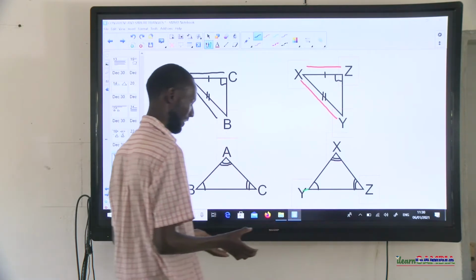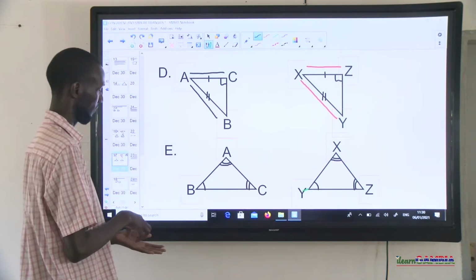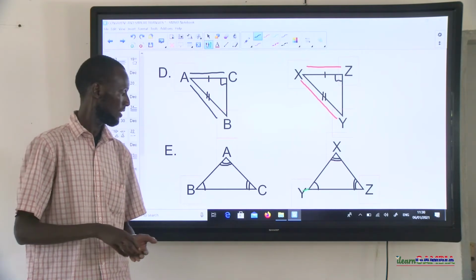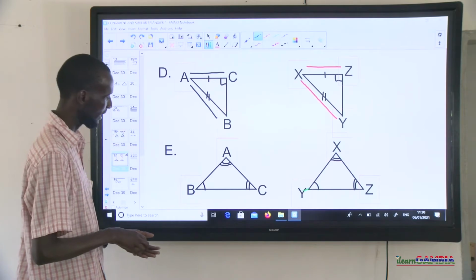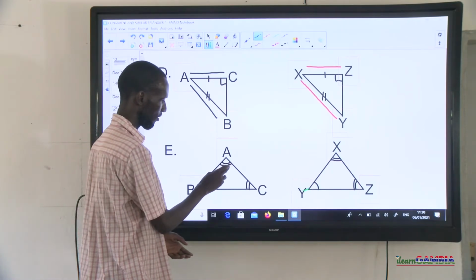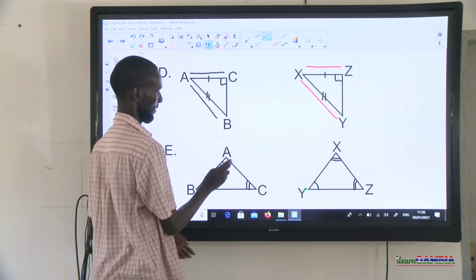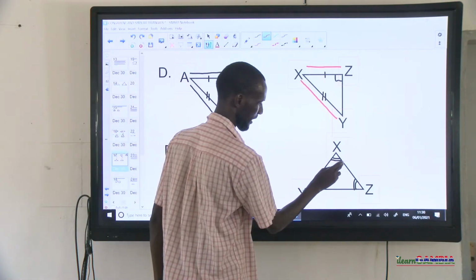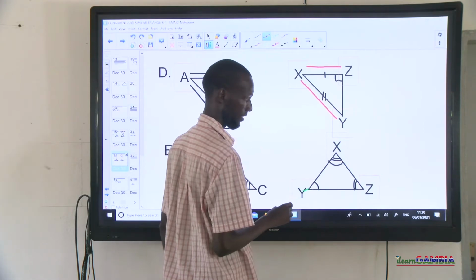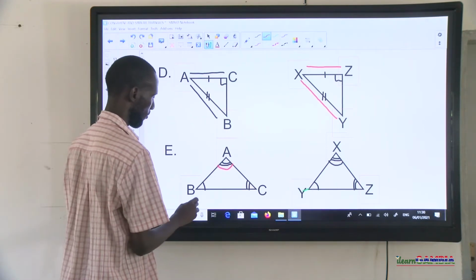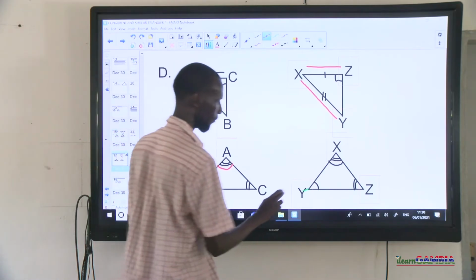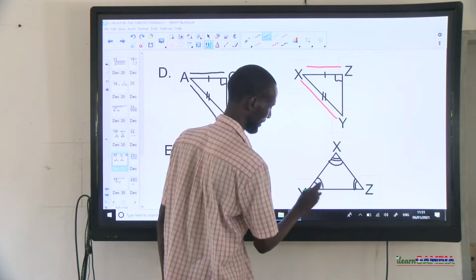Now let's investigate and see whether what we are given is enough to prove congruency. Okay? Now what do we have? We can realize that angle A of triangle ABC is equal to angle X of triangle XYZ. Likewise, angle B of triangle ABC is also equal to angle Y of triangle XYZ.